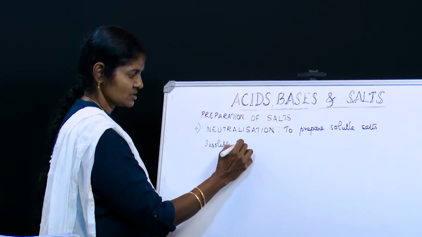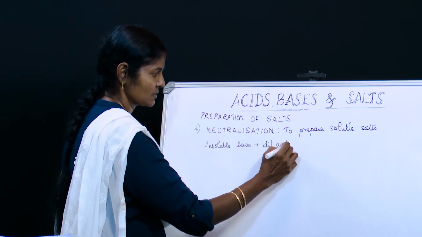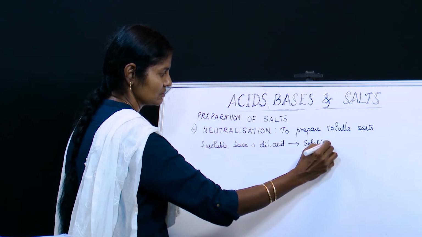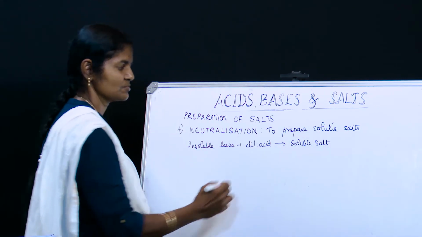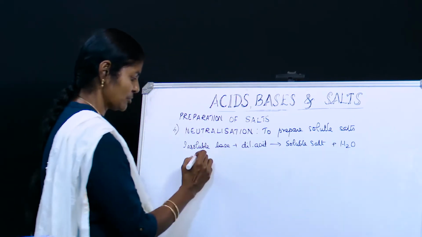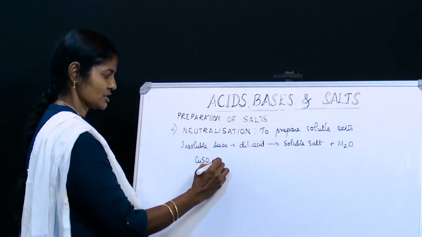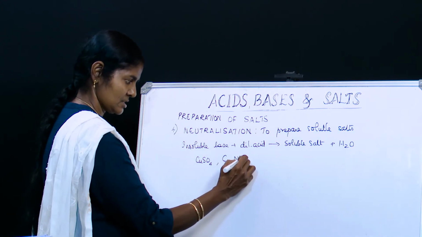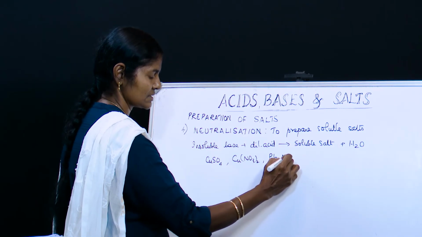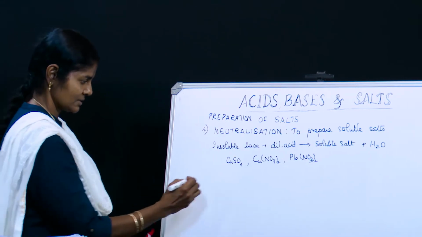So we take an insoluble base, add dilute acid to it to get soluble salt and water. It's basically neutralization. The salts prepared in this way are copper sulfate, copper nitrate, lead nitrate, etc. So we will see copper sulfate and lead nitrate.